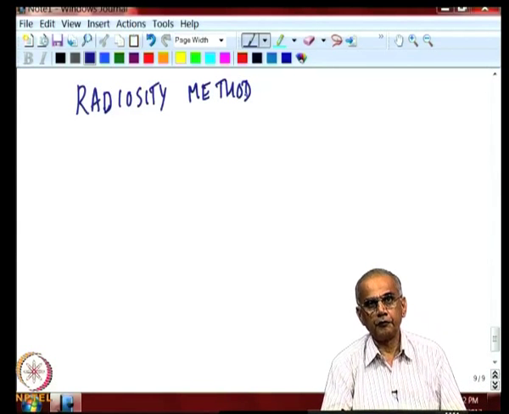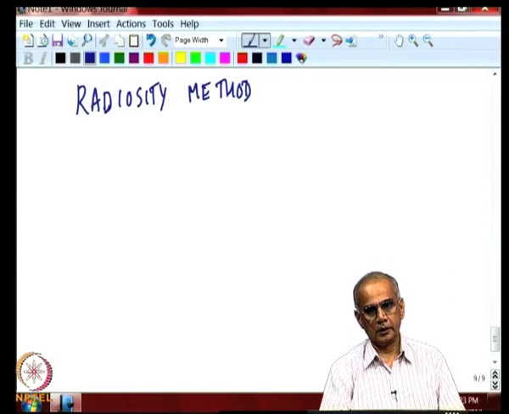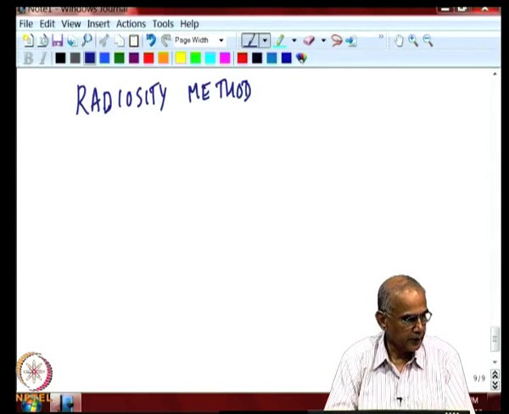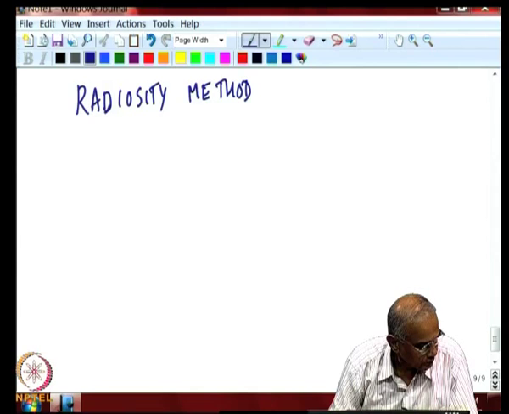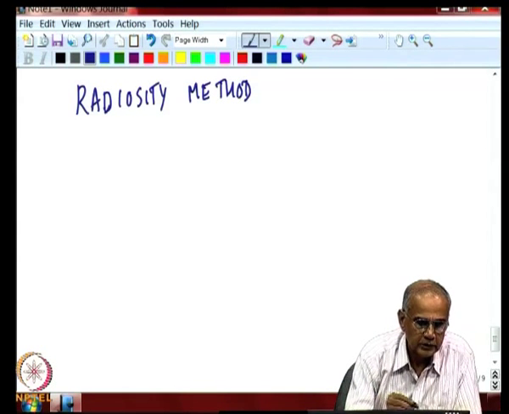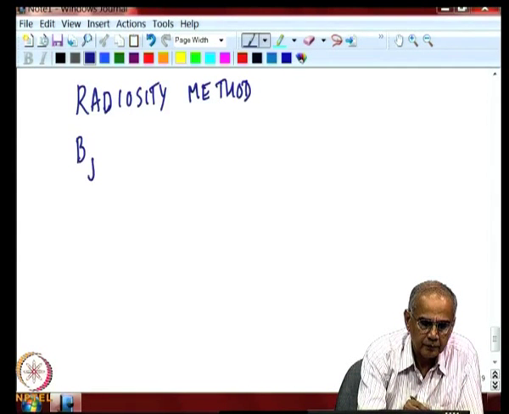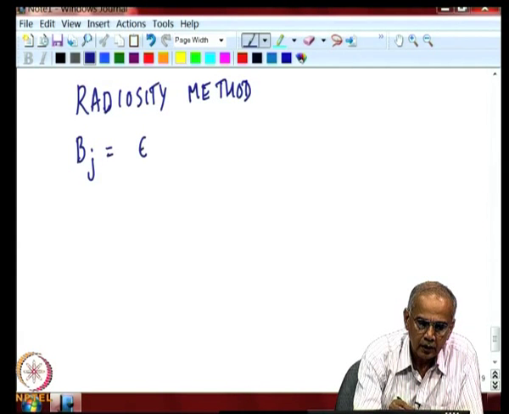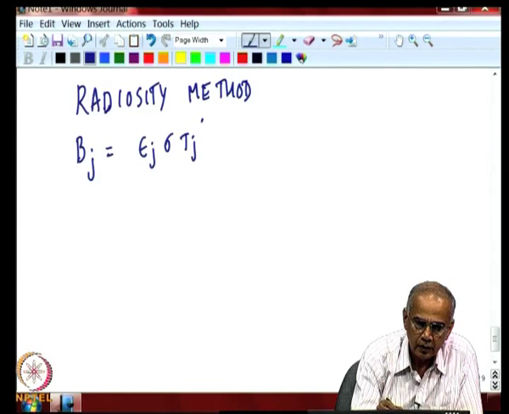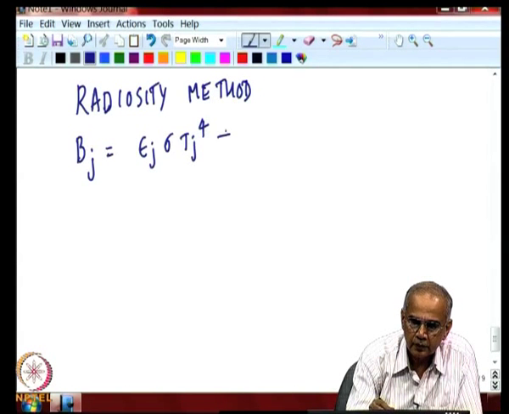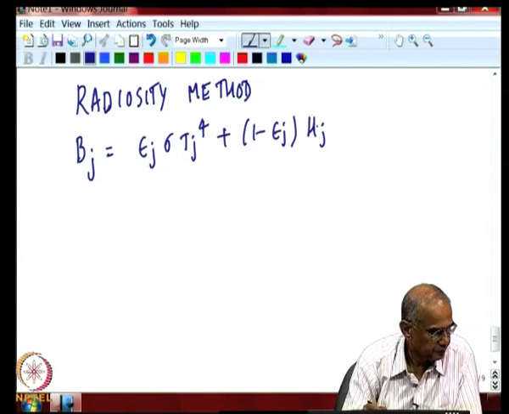So, what are the problems that we formulate with a large number of surfaces? We treat radiosity as the main unknown factor. We solve for radiosity by matrix inversion. So, you have to set up the whole equation in terms of radiosities. What is the radiosity of surface j? Bj is nothing but the emissive power of surface j, plus what is arriving at surface, Hj.